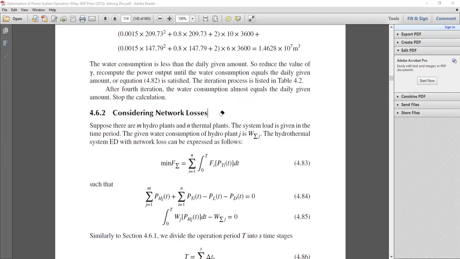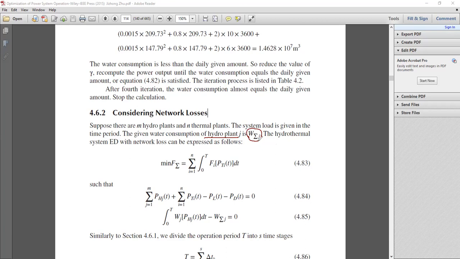Now, if we consider that we have m hydro plants, each of the hydro plants may behave differently from one another. So let's say the jth hydro plant can consume W sum J, this amount of water during the time under consideration, and this will remain constant throughout the duration.